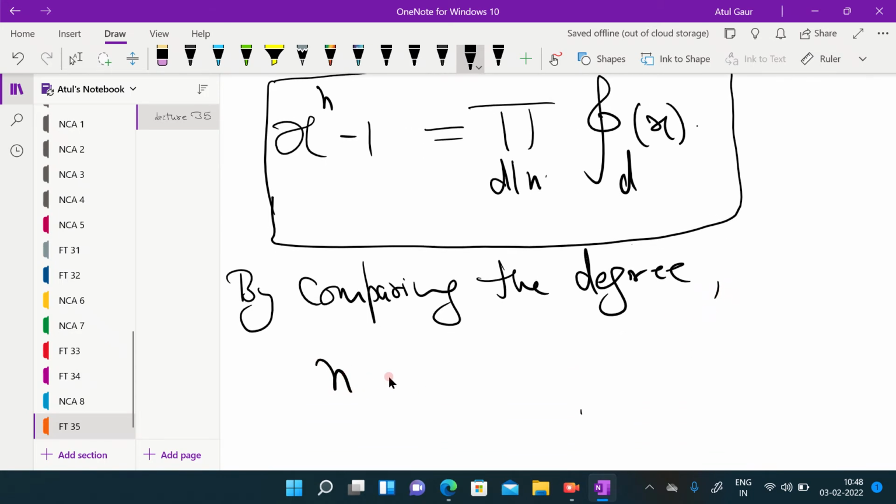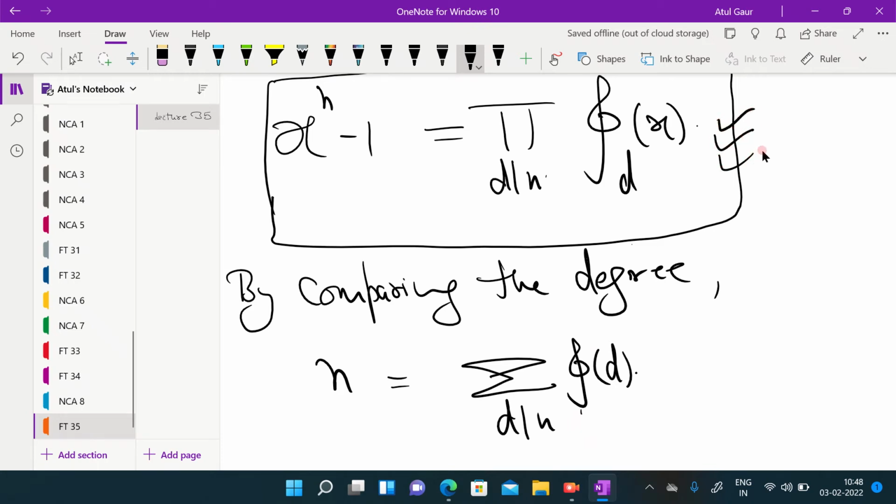What I will get, n equals summation over d divides n of phi(d), right? That's one thing. Another thing is this formula gives me a way to compute nth cyclotomic polynomial successively.